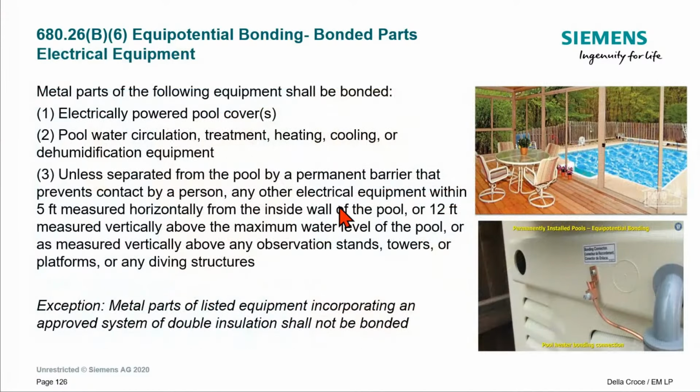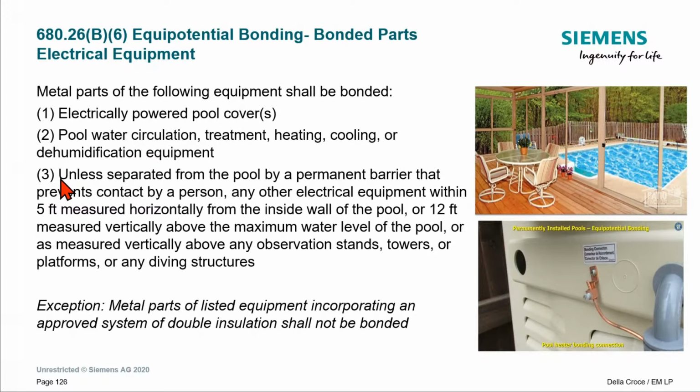All right, next. So 680.26(B)(6), again, this is bonding parts of electrical equipment. Metal parts of the following equipment shall be bonded: electrically powered pool covers, pool water circulation, treatment, heating, cooling, and dehumidification equipment.